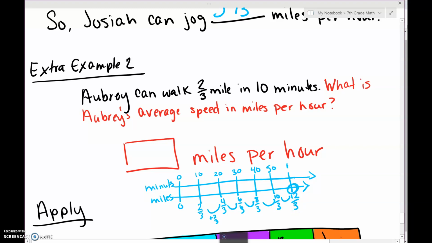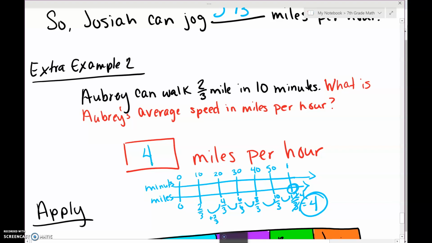Oh, 12 and 3 share a factor of 3. So 12/3 becomes 4. So how many miles can she walk per hour? She can walk 4 miles per hour.